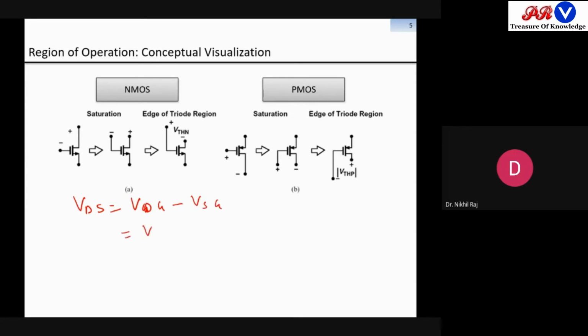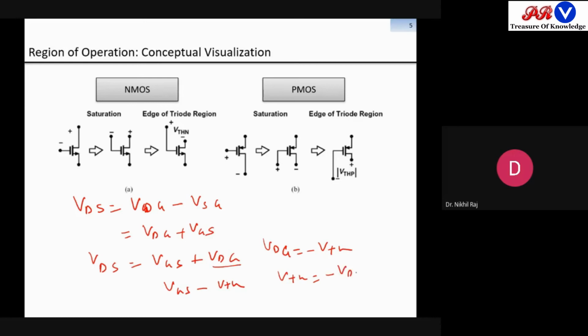So we can write here VDG plus VGS. So we can say VDS is equal to VGS plus VDG, and if we equate with the equation of VGS minus VTH, what does this show? That VDG is nothing but minus of VTH. Okay. So you can say VTH is equal to minus of VDG.